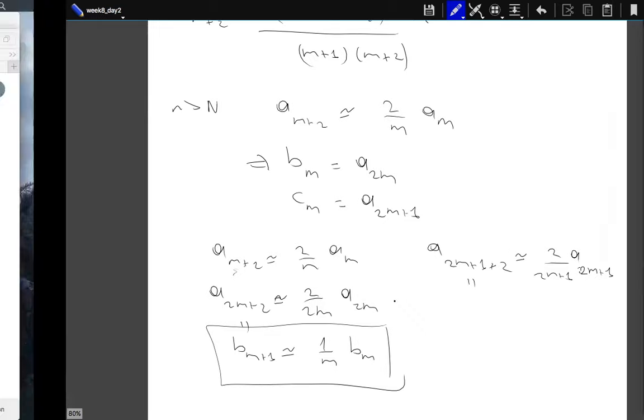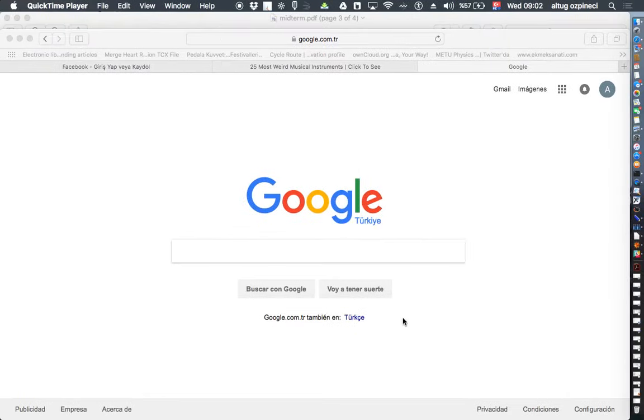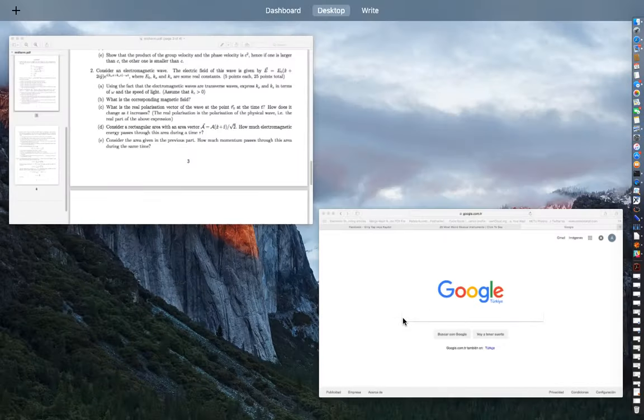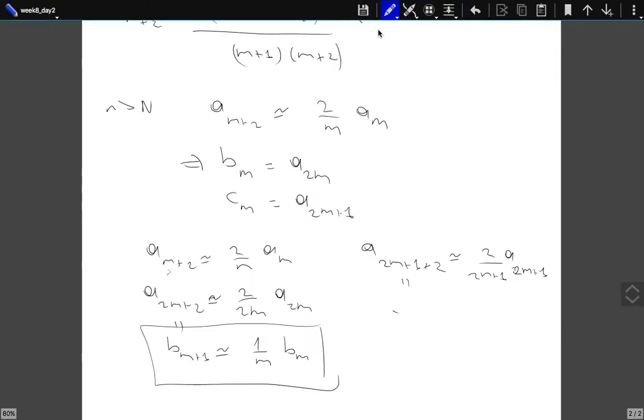Well, this is nothing but c_{m+1}. If I just ignore the 1, because keep in mind this m is larger than n, which is a huge number, so 2m plus 1 is 2m. So it's 1 over m c_m.